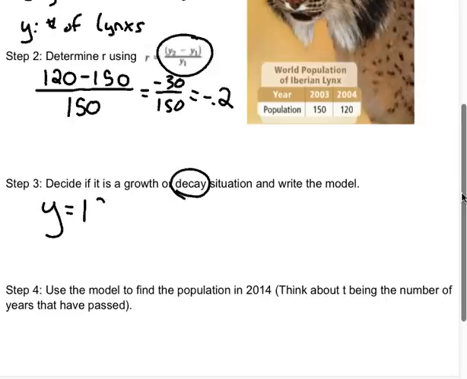Well, we started with 150. It is decaying 20% per year. So in here, we're going to take into account that decay. 1, and in this case, minus that rate of decay. So we're going to have 0.8 to the number of years.